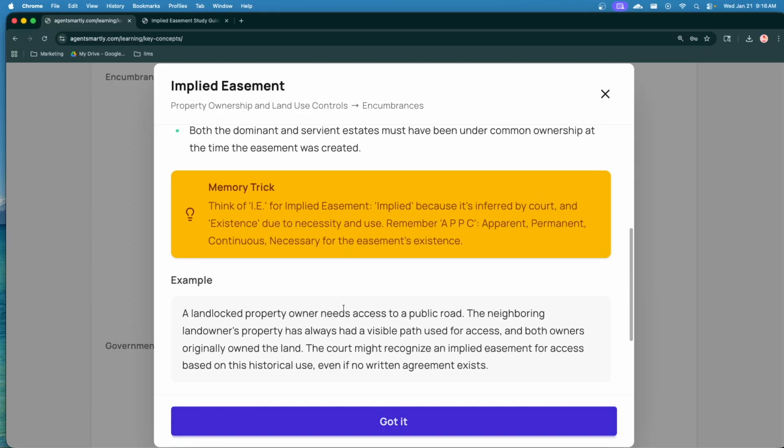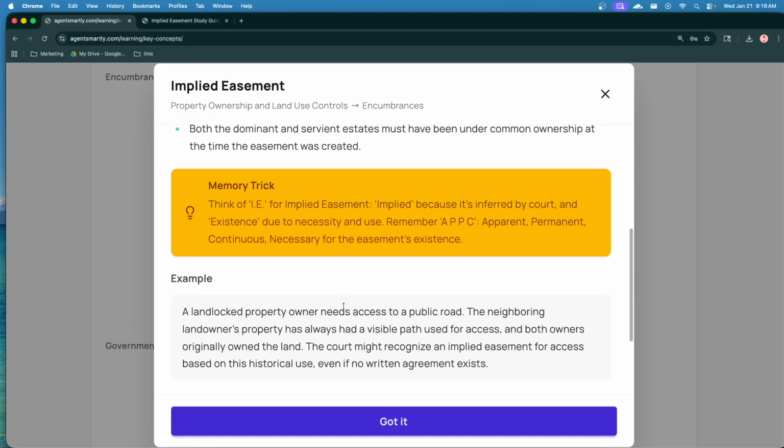For the memory trick, think of IE, implied easement: implied because it is inferred by the court's existence due to necessity and use. Okay, so there's the trigger here, APPC: apparent, meaning obvious, permanent, continuous, and necessary.